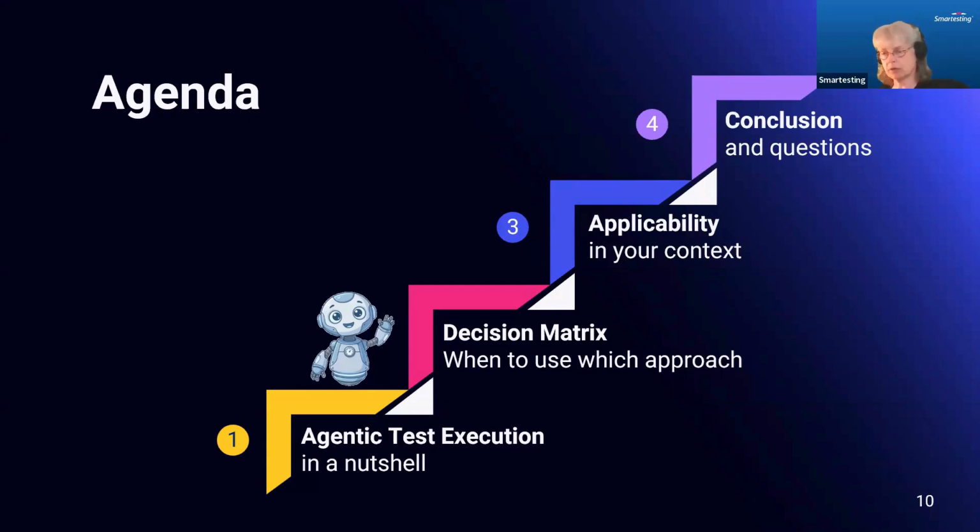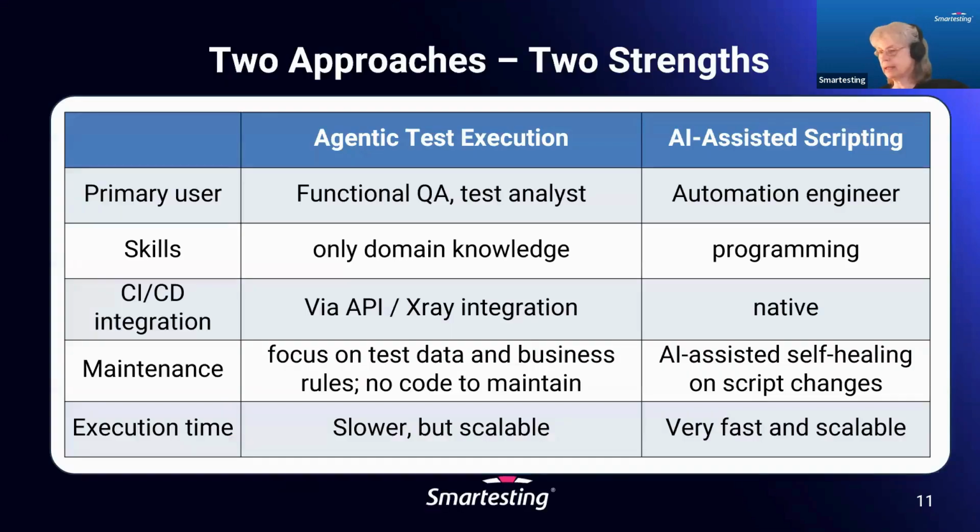So when should I use which approach? The two approaches have different strengths. The first is the level of technical knowledge you must have to use it, which is pretty low when we talk about agentic test execution, because the primary users of such an AI agent, such as Linker, are functional quality analysts, test analysts.